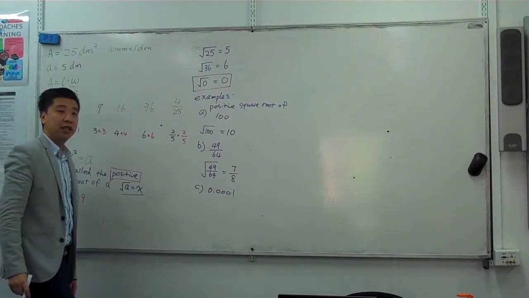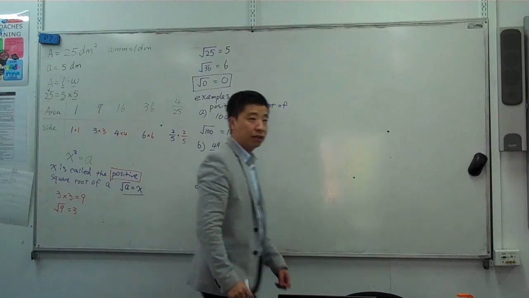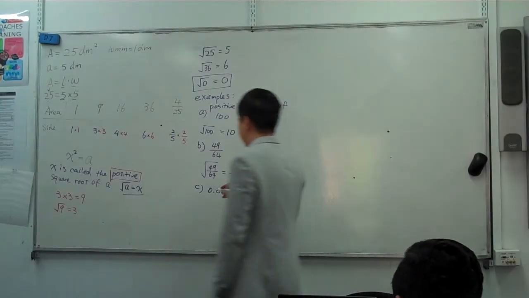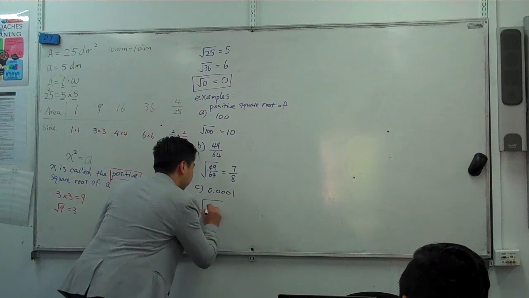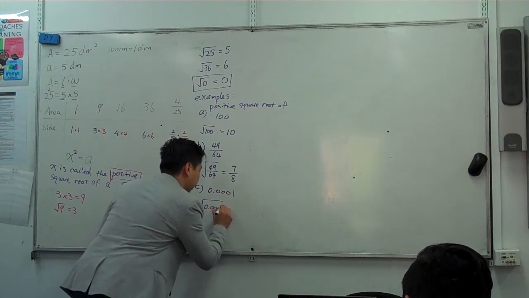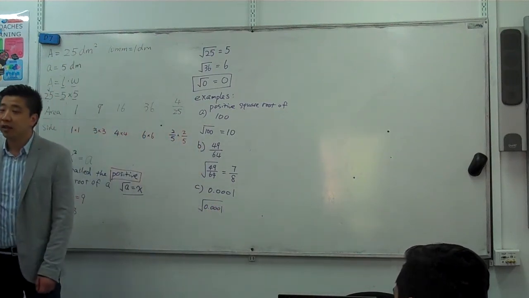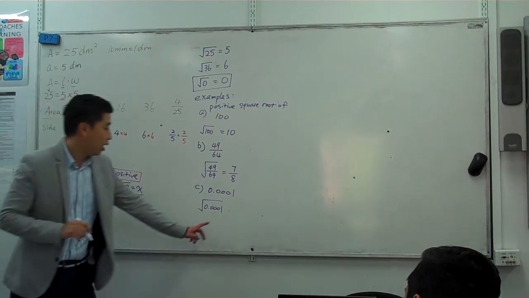What is the positive square root of 0.0001? Could you please tell me your answer?